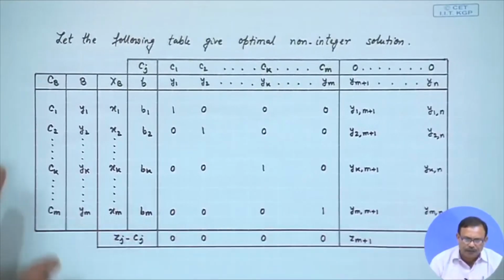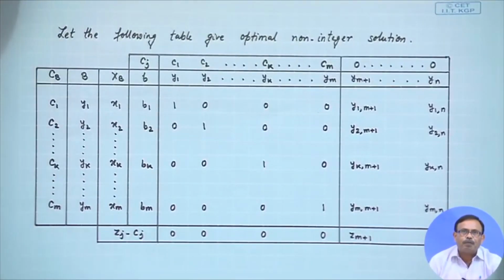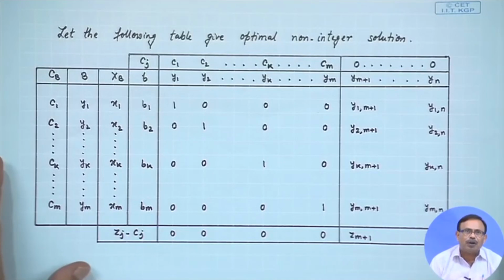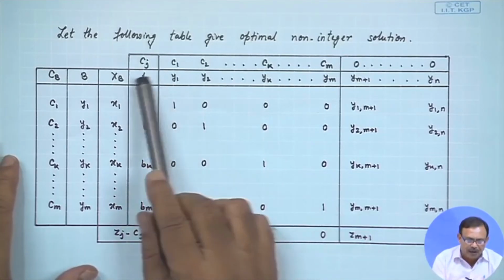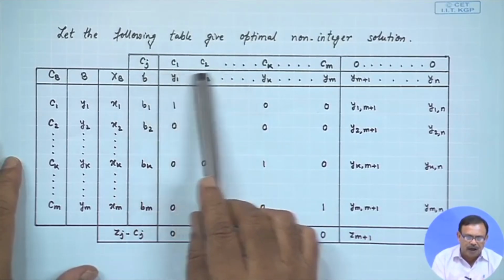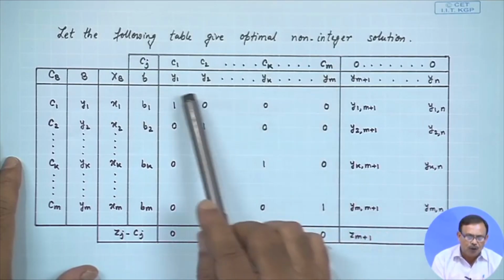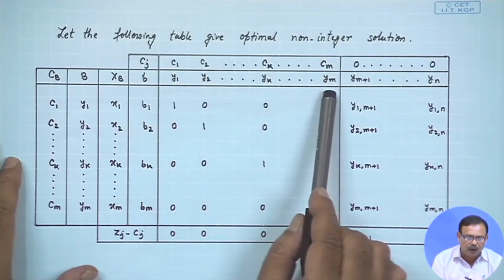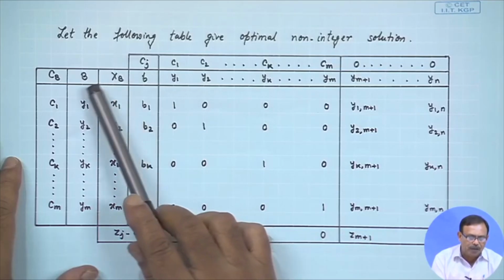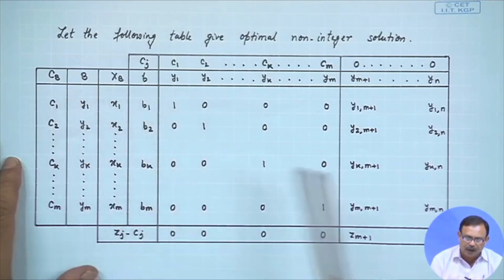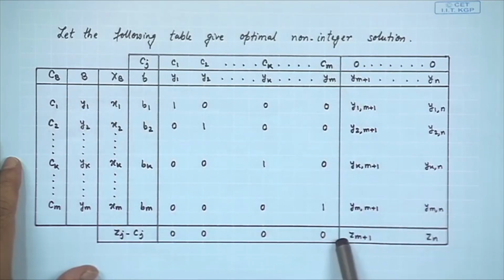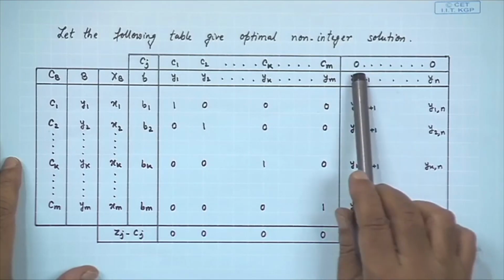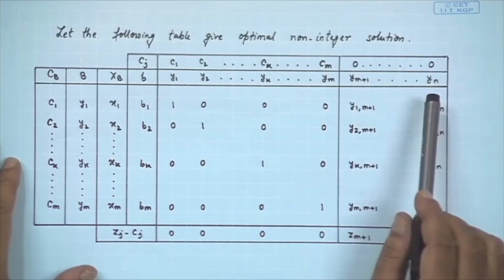You consider this optimal non-integer solution. Suppose you have Cj, C1, C2, Cm. You have the values of y1, y2, ym. Here you have xb, b, cb values. I have divided into two parts, one is Cm, the other values are 0 to ym plus 1.